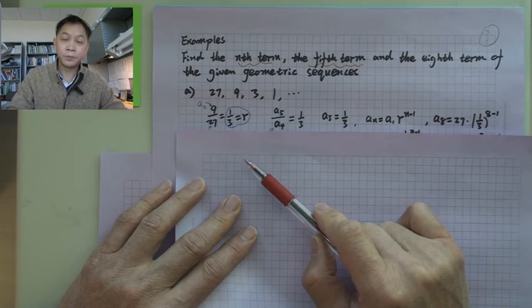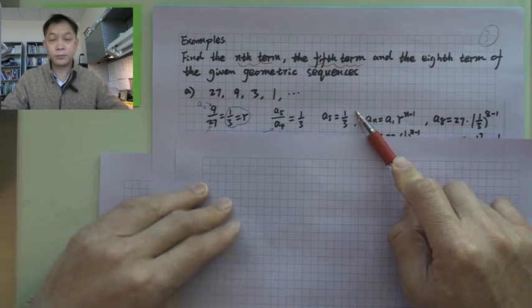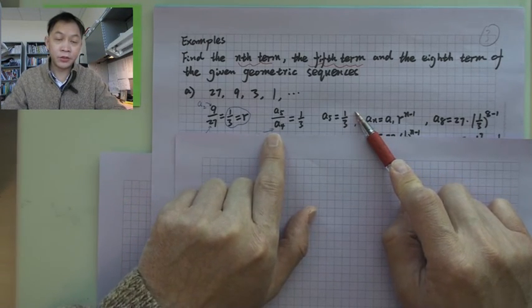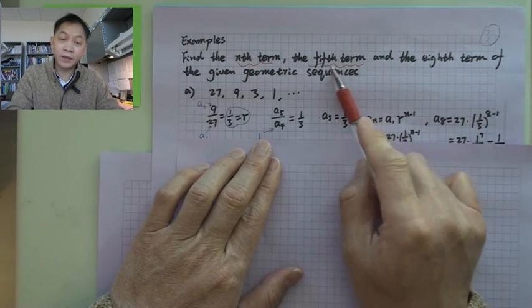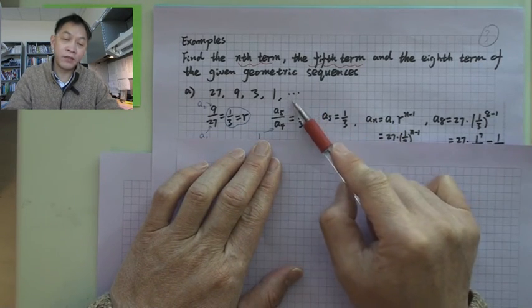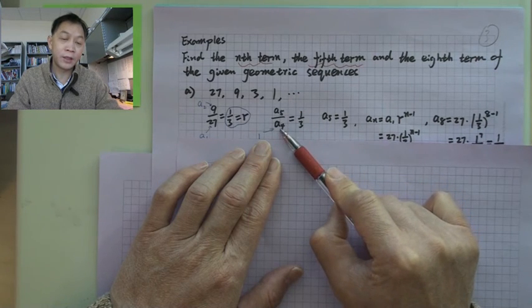And since we want to find out the fifth term, we know A5 is the one we want to find out.